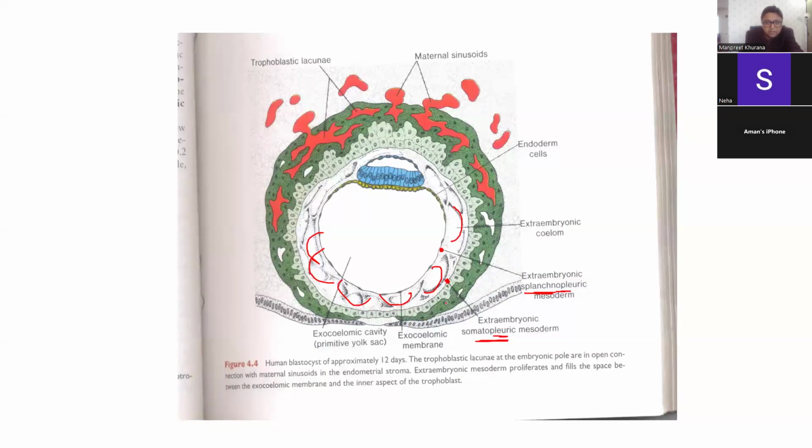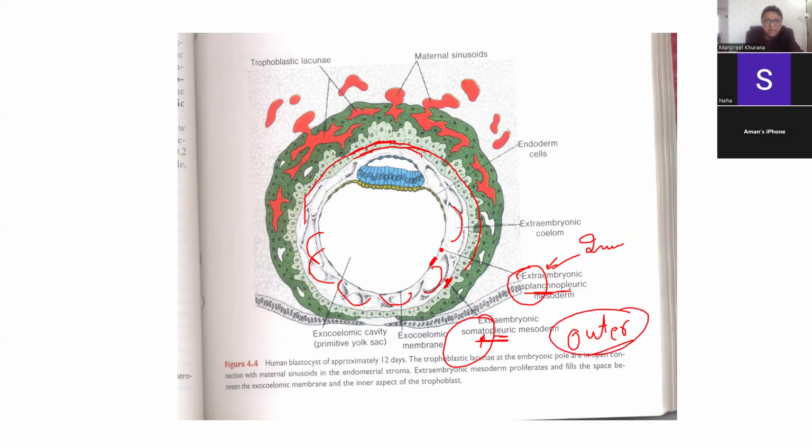If you see the somatopleuric, this is the cytotrophoblast, the outer one. In between, you see this mesoderm is known as somatopleuric mesoderm, and the inner one is known as splanchnopleuric. To remember, somato is outer, and splanchno is inner.